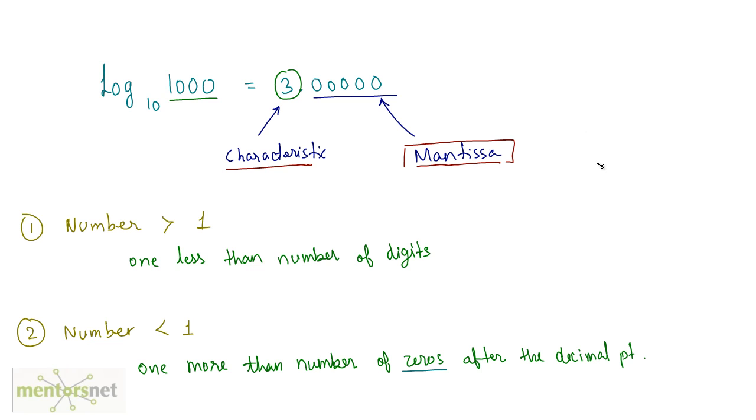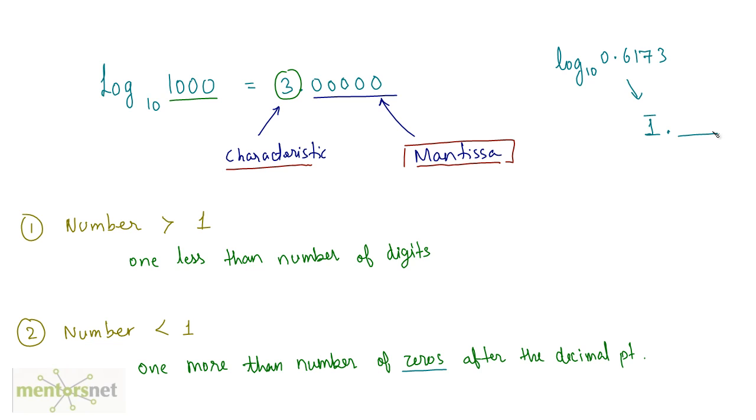So if I have to calculate the log to the base 10, or any base, of 0.6173, the characteristic is going to be 1 bar. We put a bar if the number is less than 1. Why this 1? Because there are no zeros after the decimal point, so 0 zeros plus 1, hence this 1 bar.